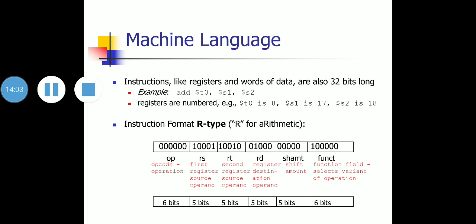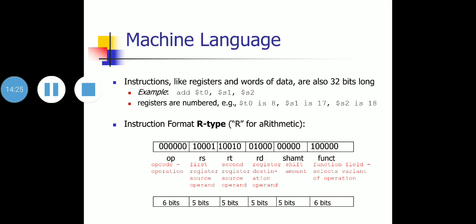The contents of both the registers $S1 and $S2 get added and placed in the destination register $T0. So MIPS assigns numerical values to the registers: $T0 is assigned 8, $S1 is assigned 17, and $S2 is assigned 18.